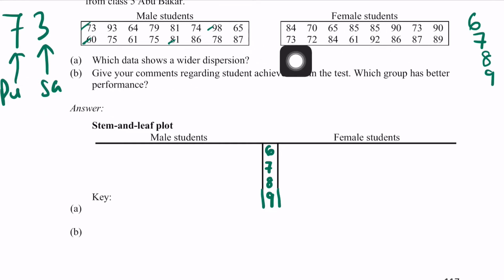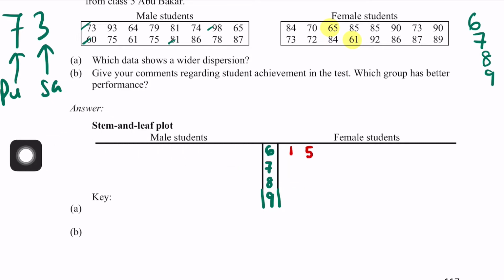Sekarang cuba tengok 6. Mana nombor yang 6? 2 sahaja. So macam mana kita nak tulis? So we have 61 and 65. So tulislah 61, 65. So this is the stem, 6 is the stem, and the leaf is 1 and 5.